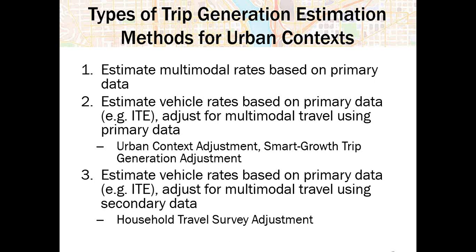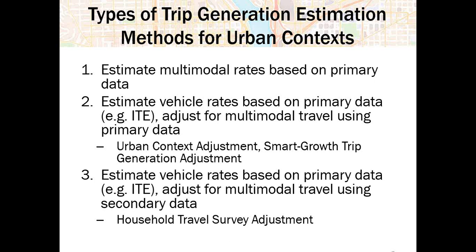Again, ITE would be an example of this sort of estimate. And then you adjust these rates for multimodal travel using a secondary data set. I'm going to talk about one such adjustment, the Household Travel Survey Adjustment, which was developed in Portland but has applications throughout the U.S. because it used multiple household travel surveys. And this is basically the structure for the next 3 adjustments.